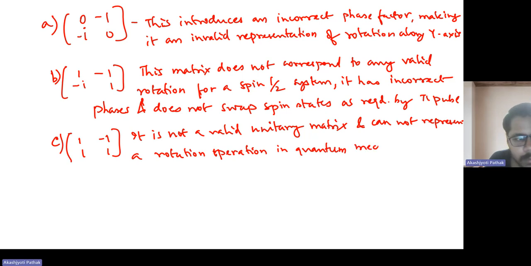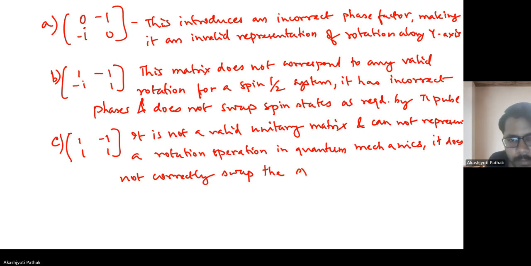It also does not correctly swap the spin states. So option C is also wrong.